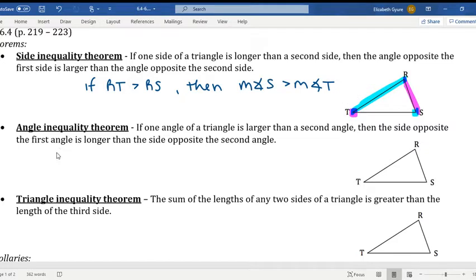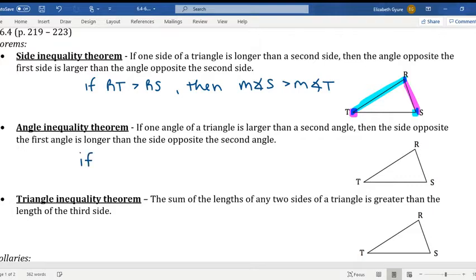The angle inequality theorem is just that same idea, just flipped around. So it says if one angle of a triangle is larger than a second angle, then the side opposite the first angle is longer than the side opposite the second angle. So same exact idea, flipped around. Your larger angles are going to be across from your larger sides. So you can almost just take that first statement and flip it around.